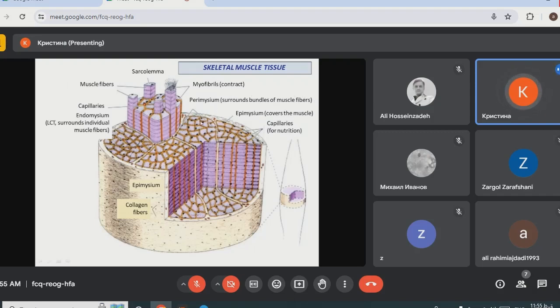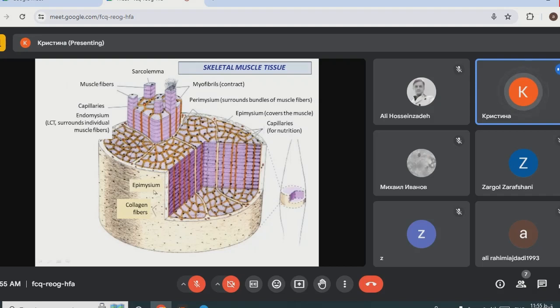And muscle as an organ is covered from outside with thick layer of connective tissue, which is called epimysium. It will contain dense fibrous irregular connective tissue, outer layer, and inner layer loose fibrous connective tissue.